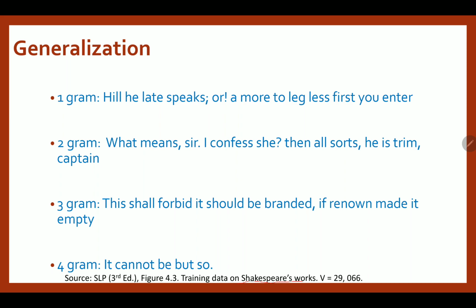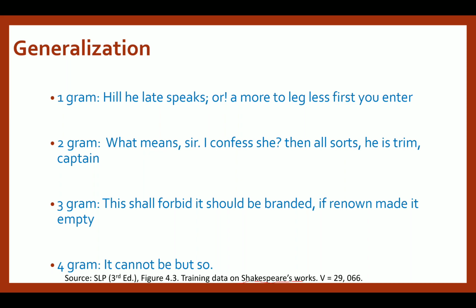The trigram is in fact even better, and the four-gram, you can see that it actually reflects quite well. Somehow it looks like this could be a correct sentence.